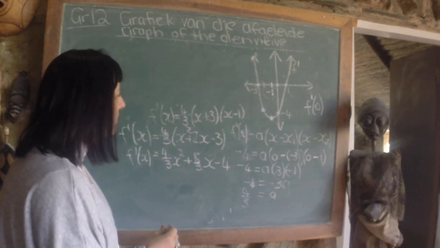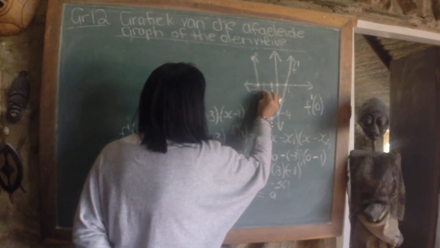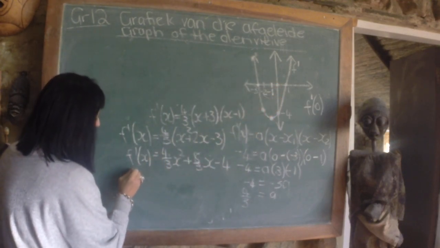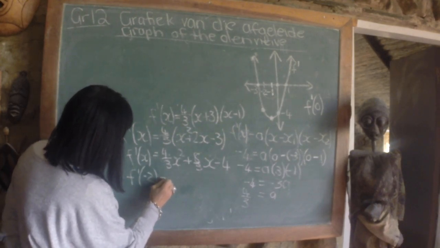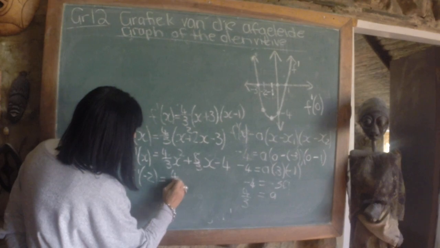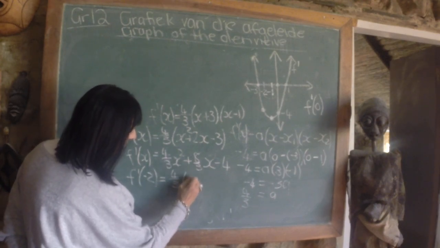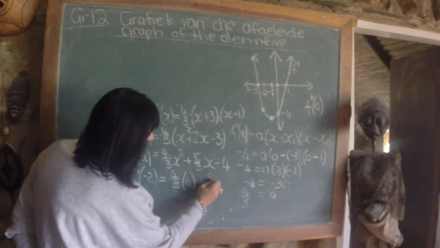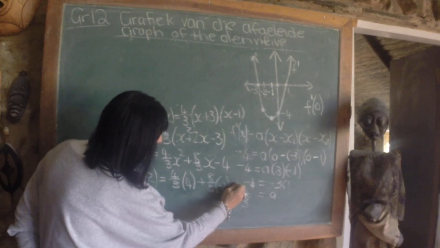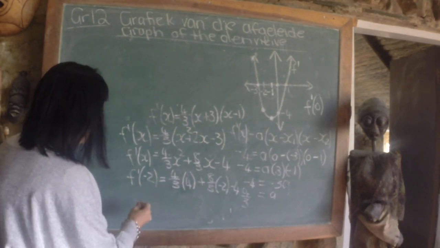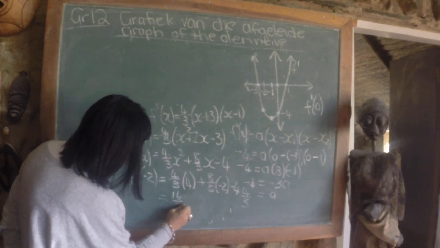So om nou die gradiënt van die raaklyn by die punt minus 2 te kry, kan ek minus 2 in die vergelyking gaan instel. So minus 2 times minus 2 gives me 4. Plus 8 op 3 maal met minus 2. Minus 4. And then we've got 16 on 3.